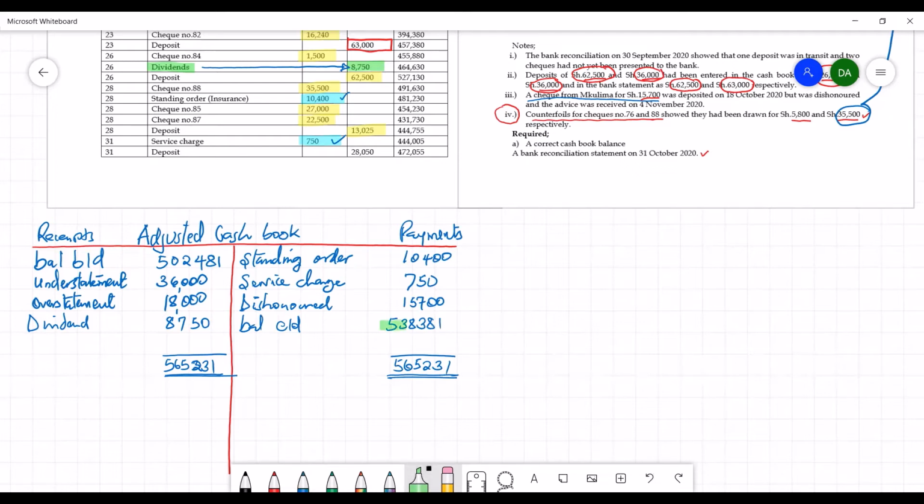Now, this is the balance as per the adjusted cash book, and that balance will be transferred to the bank reconciliation statement. That is the balance as per the adjusted cash book, which will be required in the bank reconciliation statement. So we have prepared the adjusted cash book, and having prepared that, we can now go ahead and prepare also the bank reconciliation statement, which will be prepared as follows.